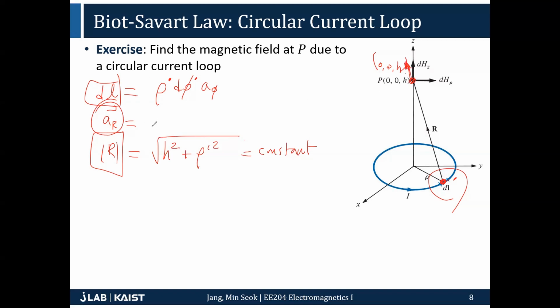So you can also obtain this 1 over R, and it's just rho minus rho prime a rho plus H a z. All these things are the same everywhere, but I'm just doing this with you to give you some practice.